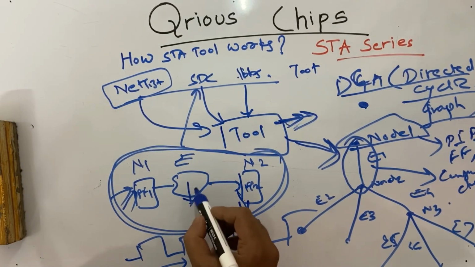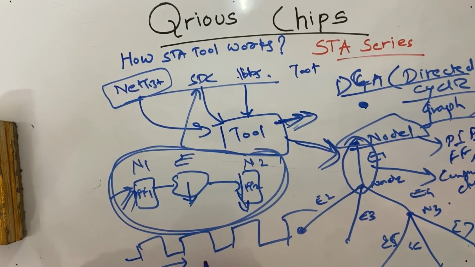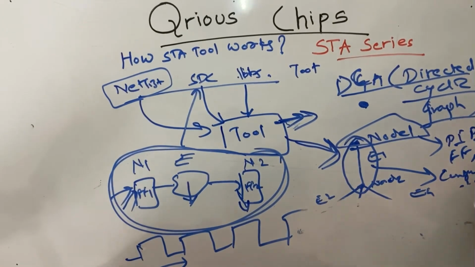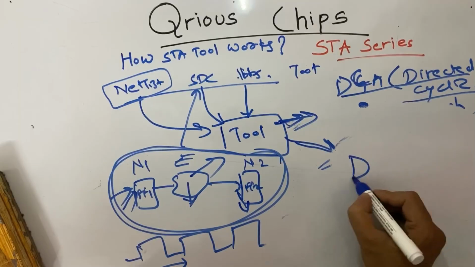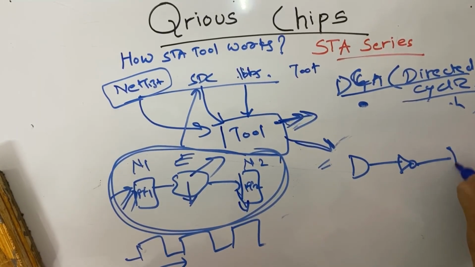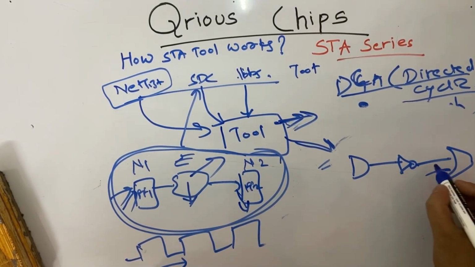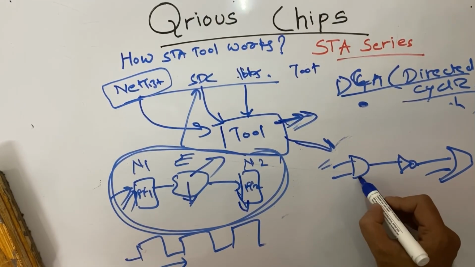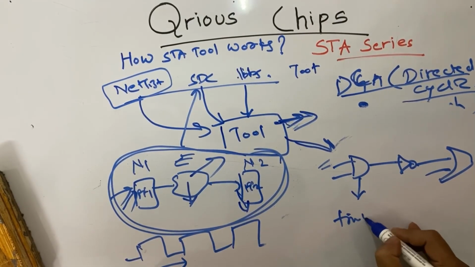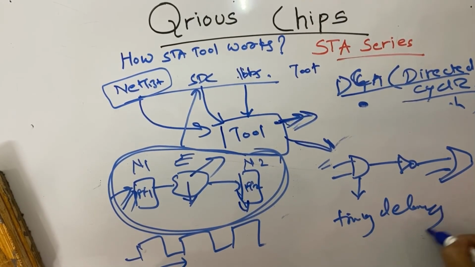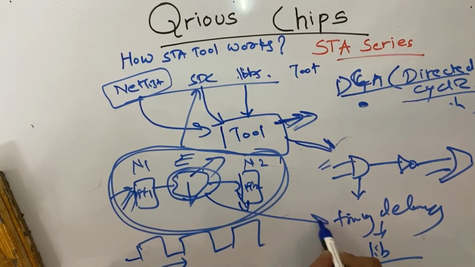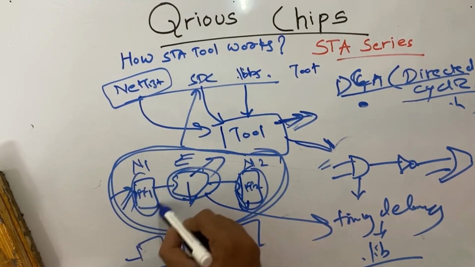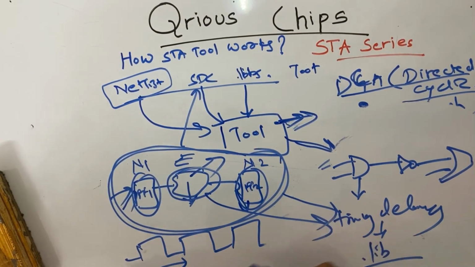And for the combinational cells, like if we have an AND gate, OR gate or NOT gate, these timing delays are taken from the .lib file. So the total delay of this is taken from .lib, and the clock to Q and the flip-flop timing requirements are also taken from .lib.